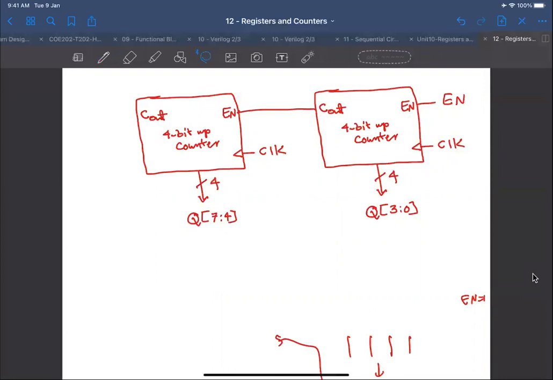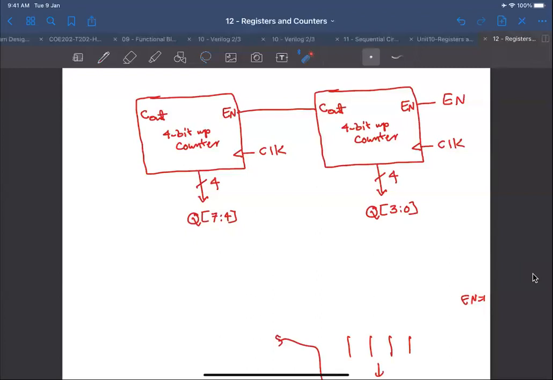You'll answer, inshallah. Okay. So tell me what is the purpose of C out here? C out is the enable for the next 4-bit counter. Okay, C out equals 0. What does it mean? We never reach 1111, so the next counter will not be enabled.